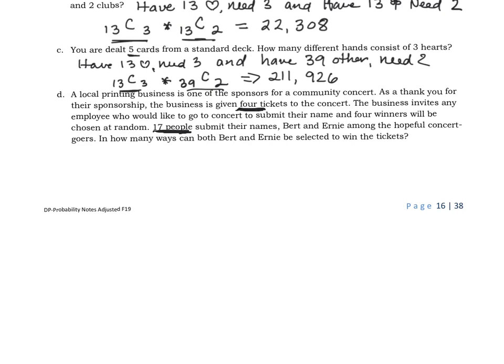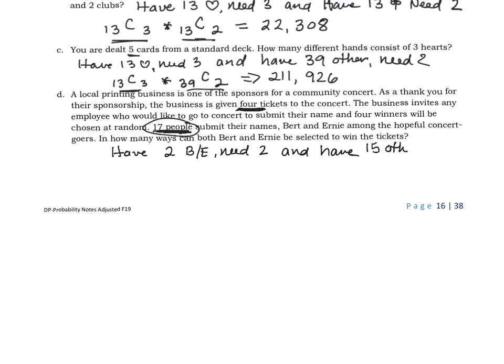So in this case, of those 4 tickets, we want 2 to go to Bert and Ernie, and then the remaining 2 can go to the rest of the people. All right, so I have 2 of the Bert and Ernies, and I need both of them. Okay? And well, how many other people do we have? 15 other people.